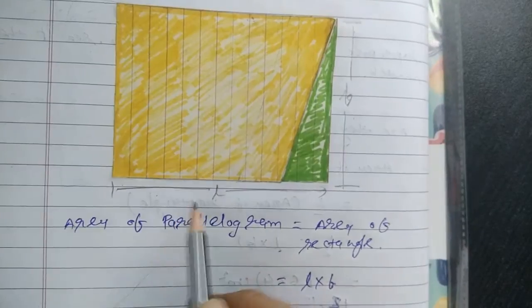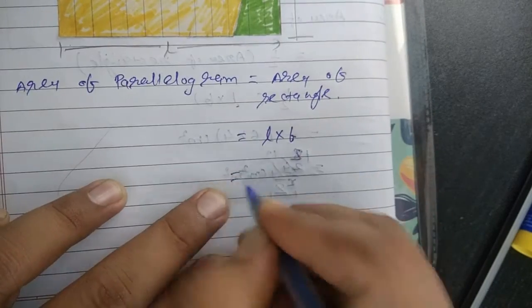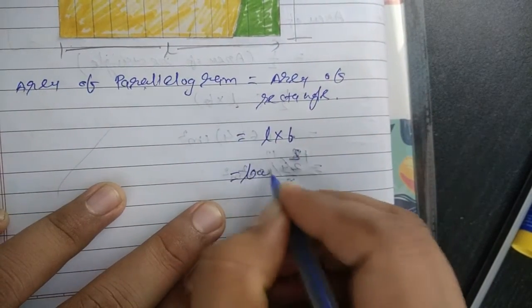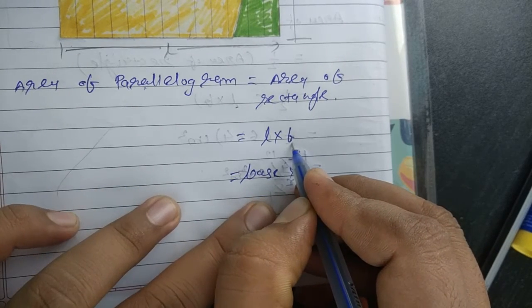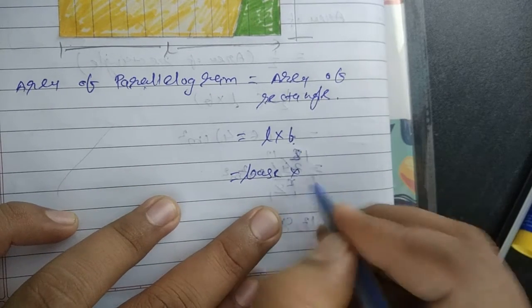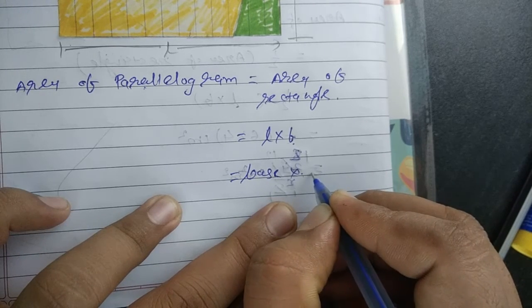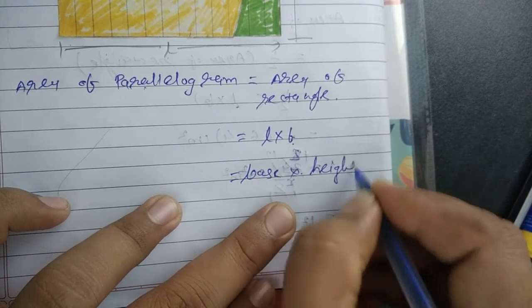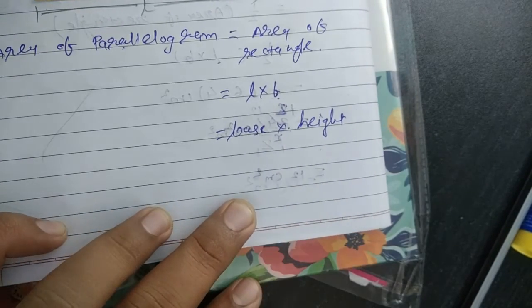So here in the rectangle which is length, in the parallelogram it is base, and in the rectangle which is breadth, in the parallelogram it is height or altitude. Here we will write height. In this chapter we will use it as height only.